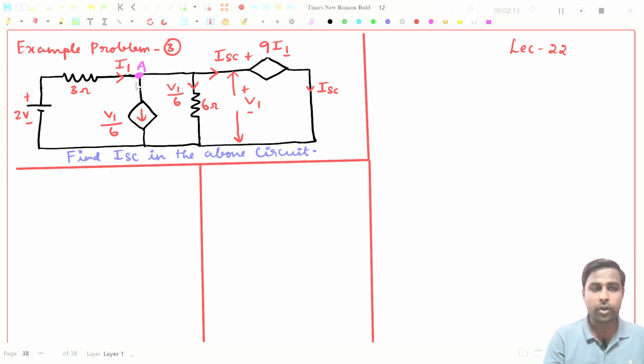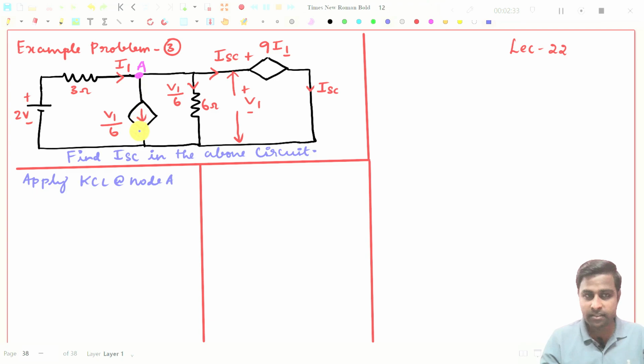So what I am going to do is apply KCL at node A. You see, I1 is coming in, V1 by 6 is going away, another V1 by 6 is going away, and also ISC is going away from this node.